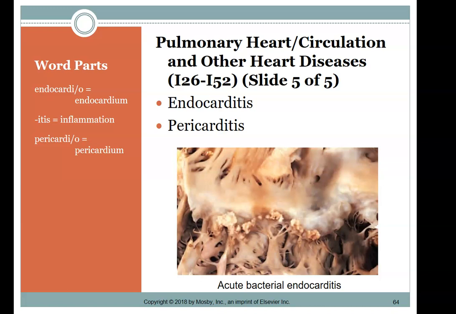Endocarditis. This is an inflammation of the inner lining of the heart, while pericarditis is inflammation of the sac surrounding the heart. And with your word parts for this one, you've got endocardio is endocardium, itis is inflammation, and pericardio is the pericardium.